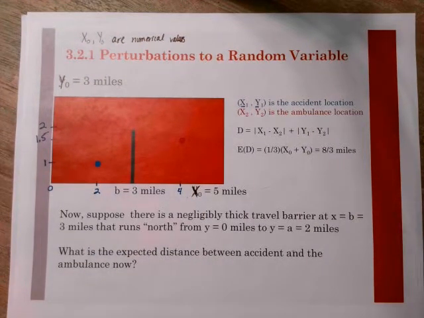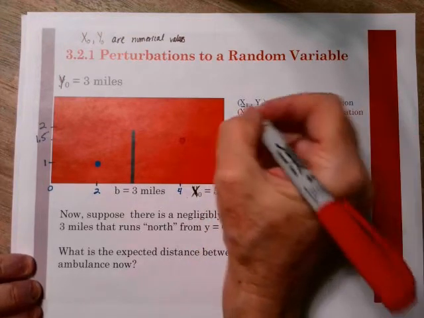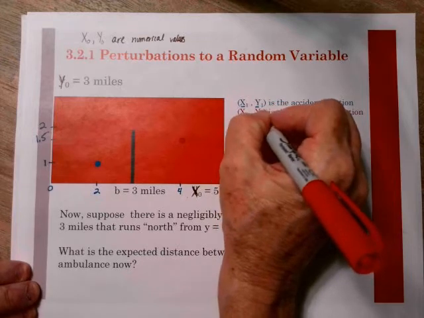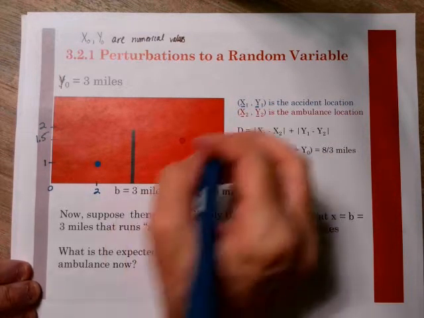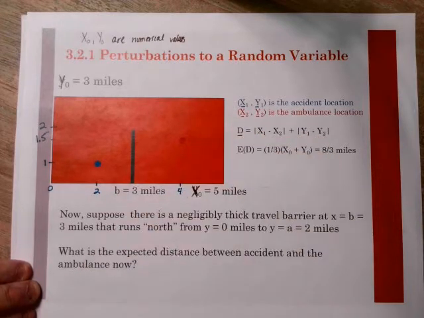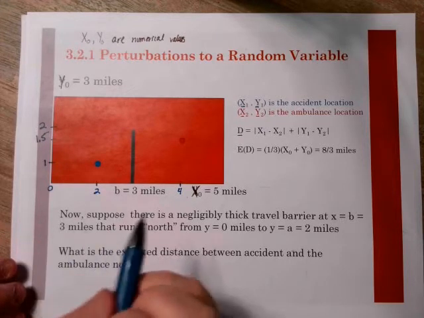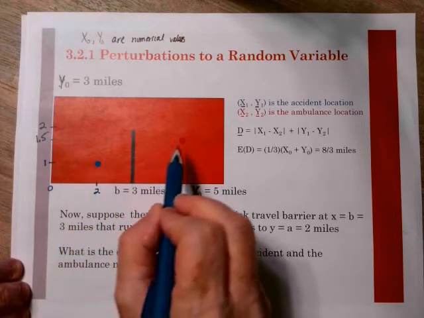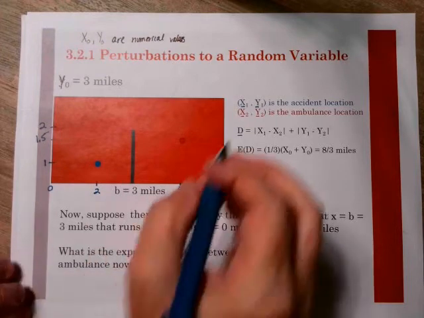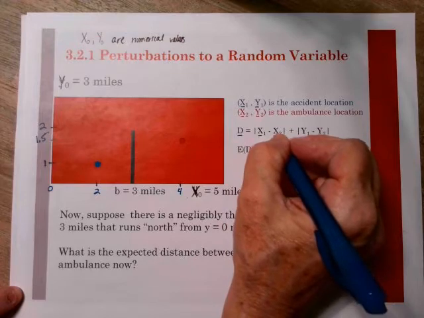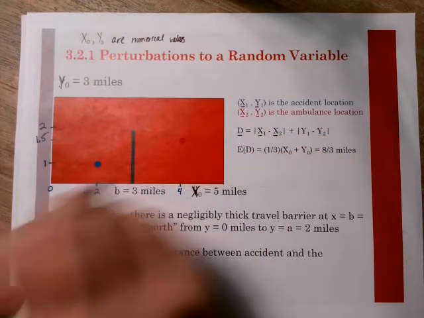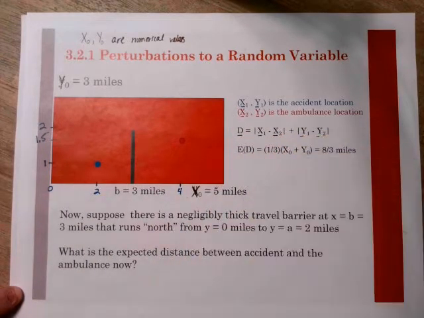Okay, now we've got x2 and y2 are my ambulance location. So those are random variables. And then I have this d. So d is going to represent the rectilinear distance between my accident location and my ambulance location, and we know from the last lecture that rectilinear distance is going to be the difference between the x coordinates plus the difference between the y coordinates.